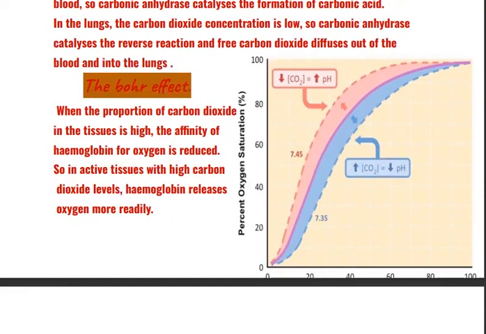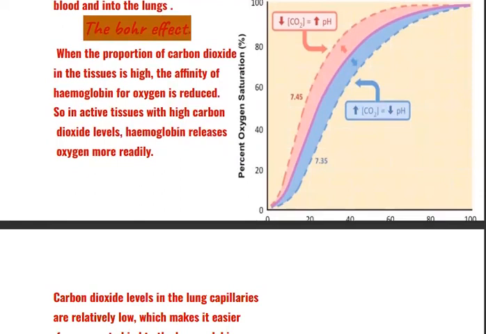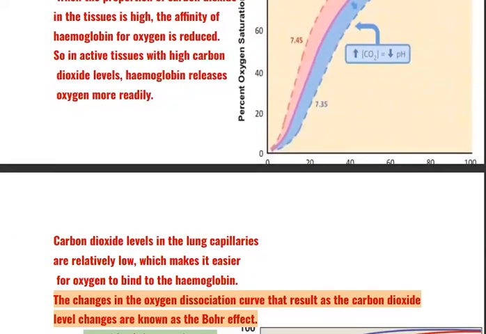The Bohr effect. When the proportion of carbon dioxide in the tissues is high, the affinity of hemoglobin for oxygen is reduced. So in active tissues with high carbon dioxide levels, hemoglobin releases oxygen more readily.